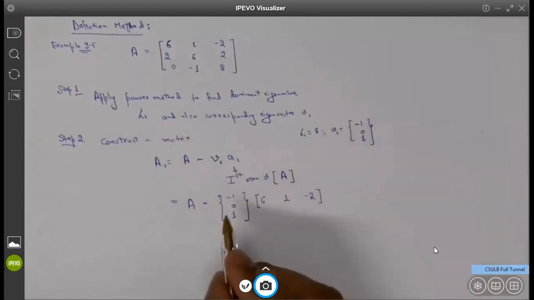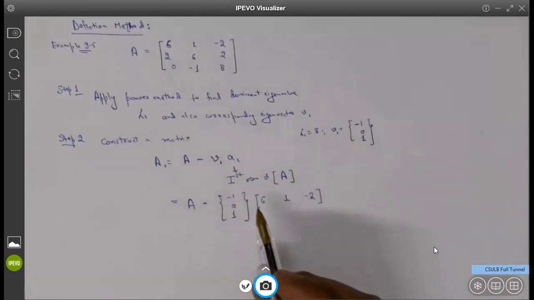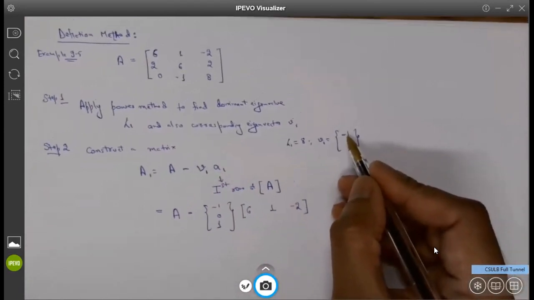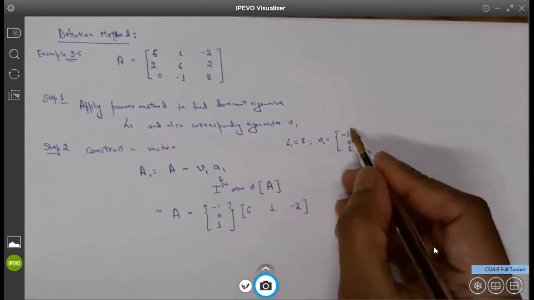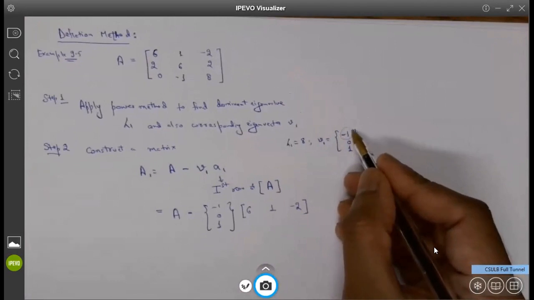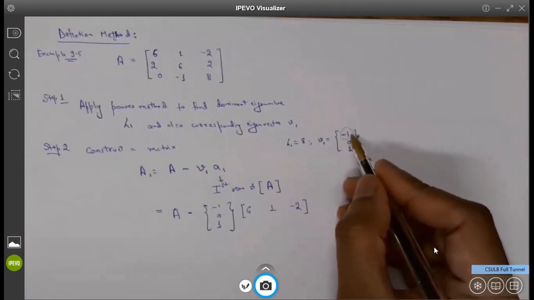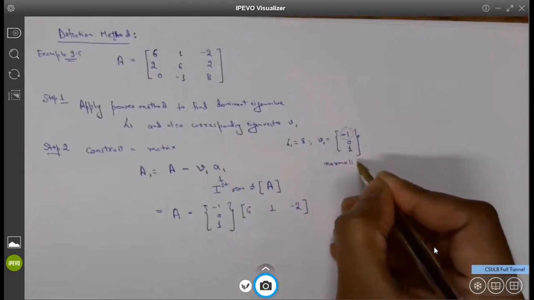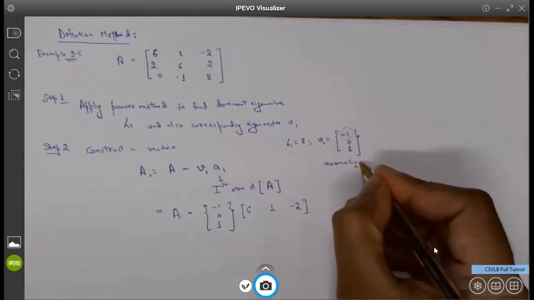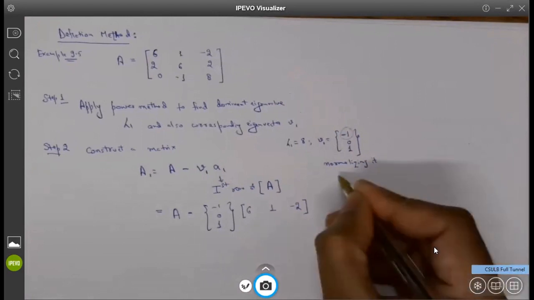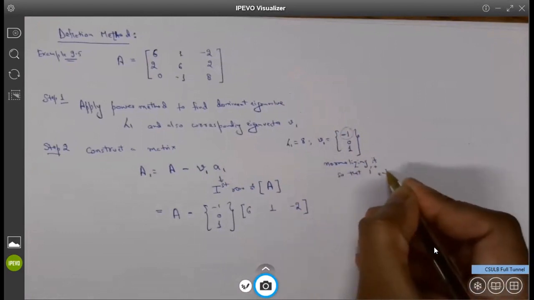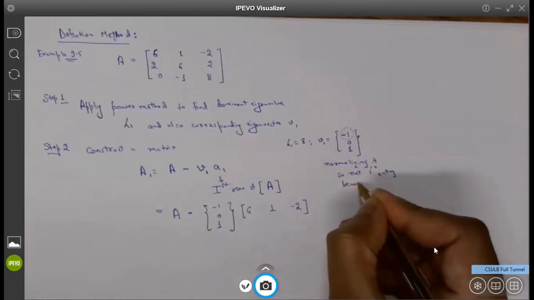Before we actually do anything here, we have to make sure that whatever eigenvector we get, we normalize the first value to the scalar number 1. So basically you are normalizing the eigenvector such that the first entry becomes 1.